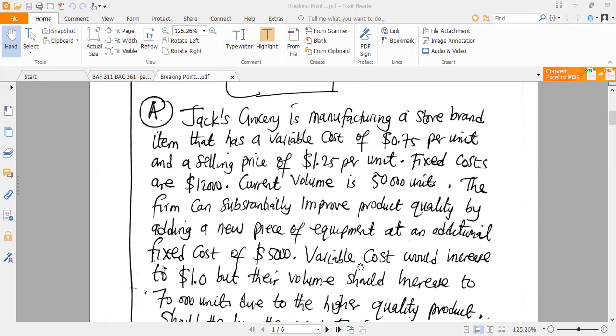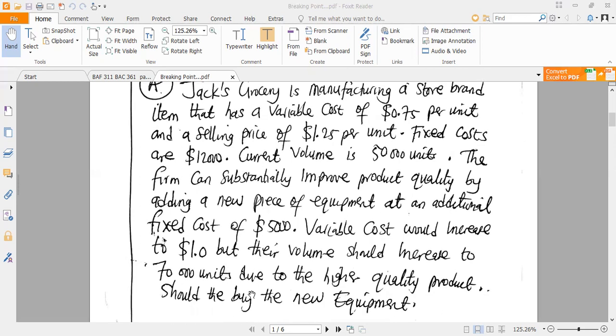Then the variable cost will increase to $1 if they go and get the new equipment, but their volume should increase to 70,000 units. So for this new equipment, we increase the volume to 70,000 units. Okay, we are there.